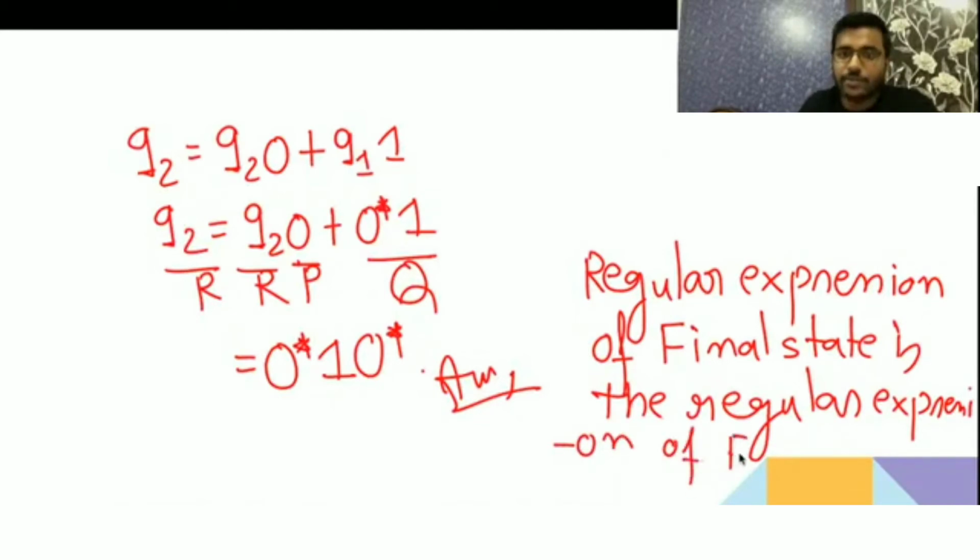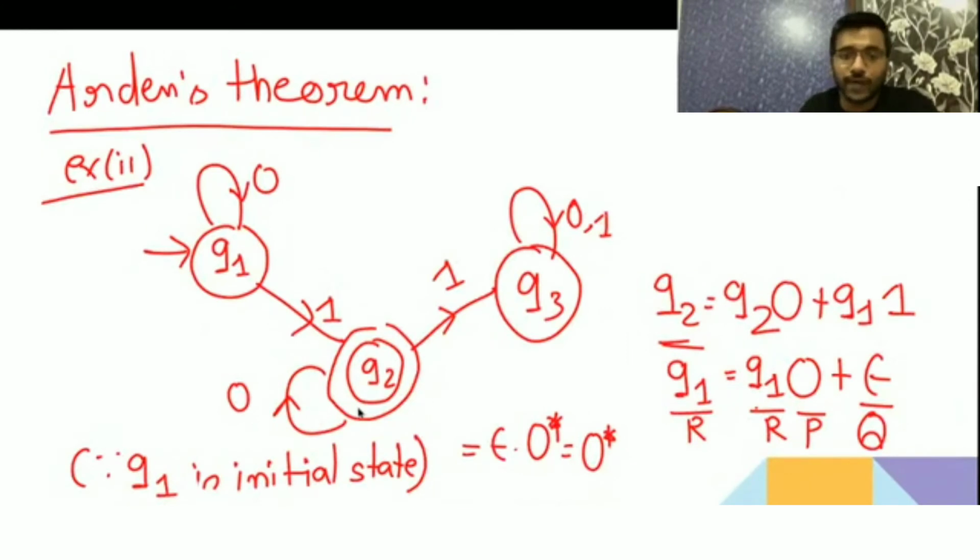So whatever regular expression you get for the final automaton is going to be the regular expression of the FA. Here we are trying to find the regular expression of Q2 because Q2 is the final state.